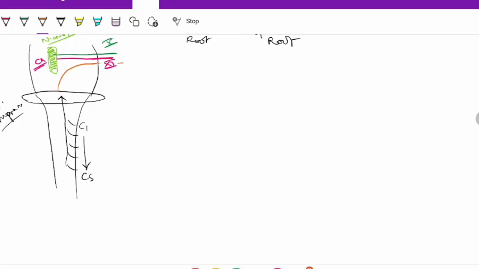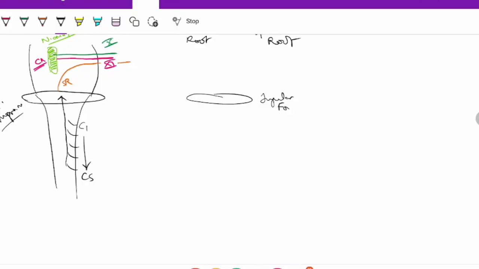So this is your spinal root. I am drawing with three different pens so it is easy to differentiate which root is carrying out which function. Now over here we'll draw another foramen. This is the foramen magnum.